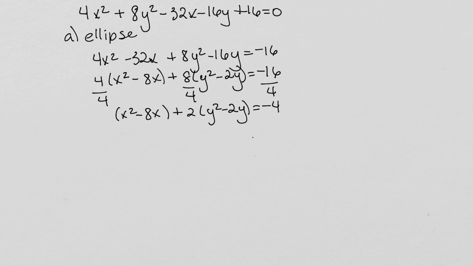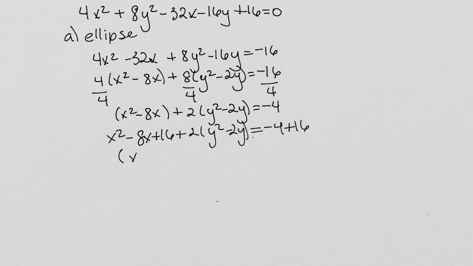We do know that if we add half of our b term, which is -4, squared, which is 16, to both sides, that we will have a perfect square trinomial on the left and a balanced equation.